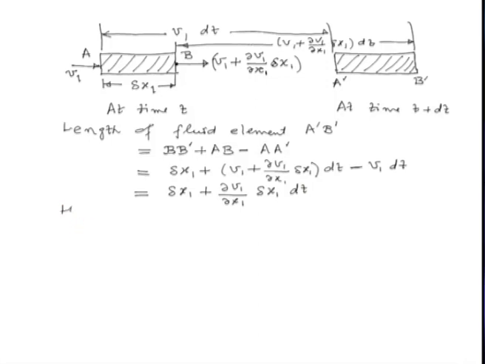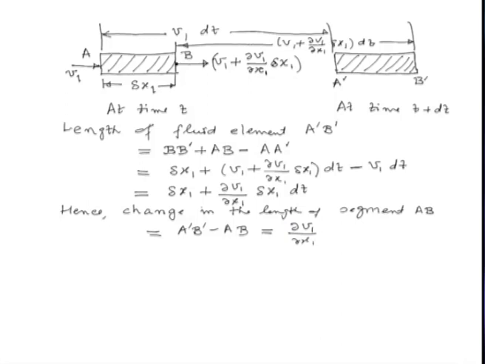So, hence what is the change in the linear scale or length of the segment AB? The change in the length of segment AB is equal to A prime B prime minus AB, which becomes delta V1 over delta x1 times delta x1 times delta t.